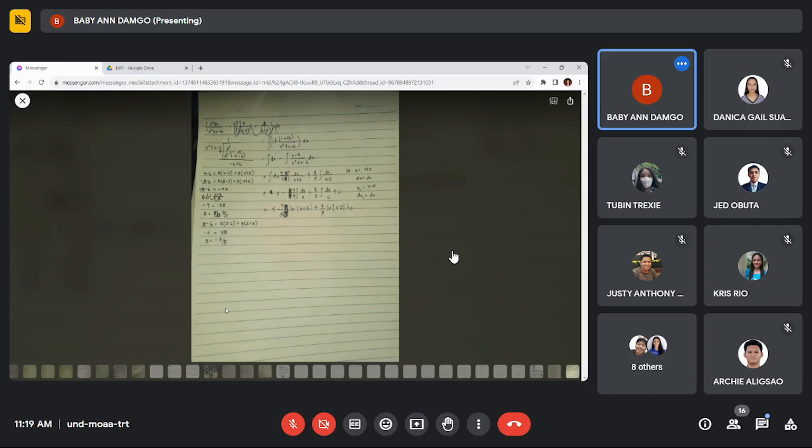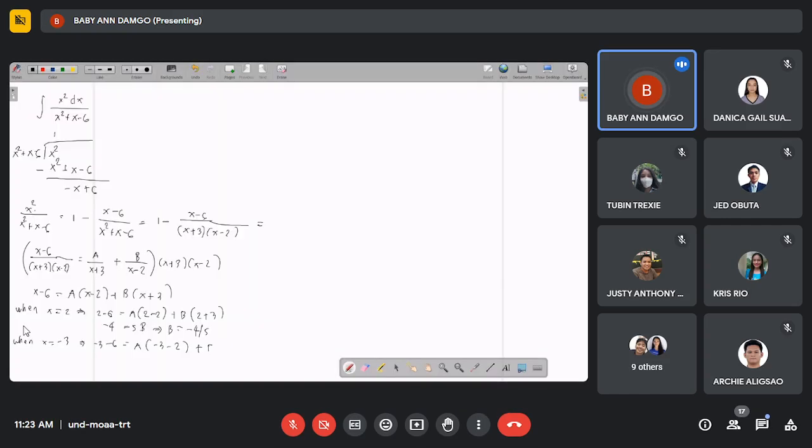Next, so when x is negative 3, it implies that negative 3 minus 6 is equal to a times negative 3 minus 2 plus b times negative 3 plus 3. So we have a negative 9 equals negative 5a.